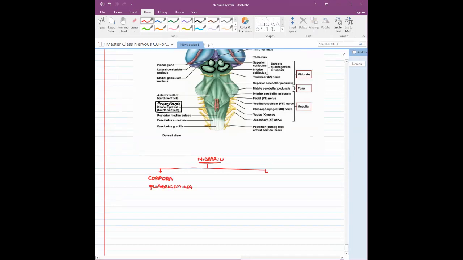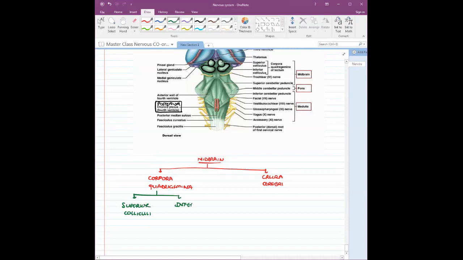And the second one, we are going to have crura cerebri. But now once again, first we'll focus our attention on corpora quadrigemina. Now, guys, here we have your superior colliculi, and the second one, inferior colliculi.